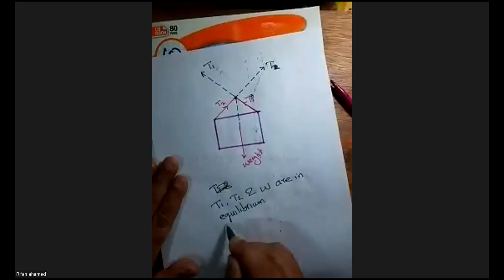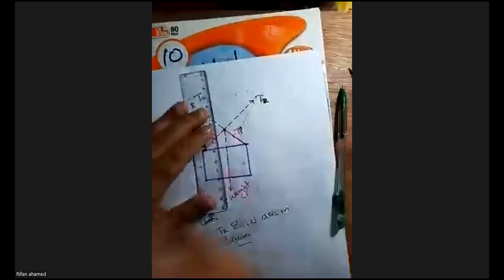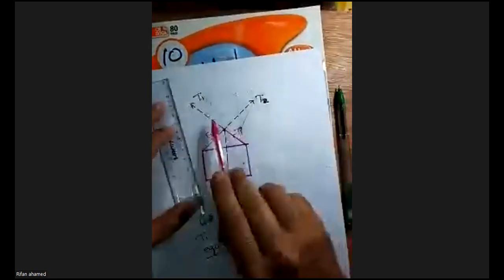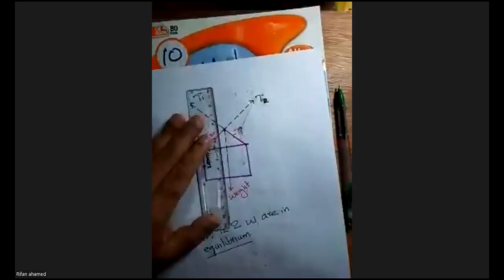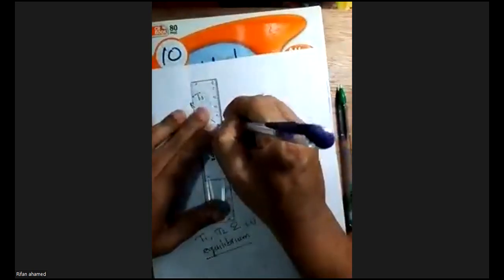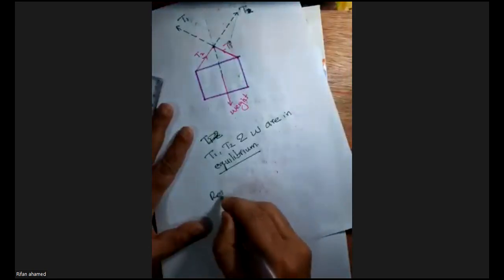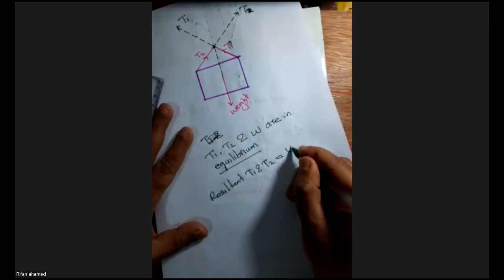equilibrium. As I used to tell you before also, the resultant of T1 and T2, what is this force? Resultant force of T1 and T2 is equal to whom?